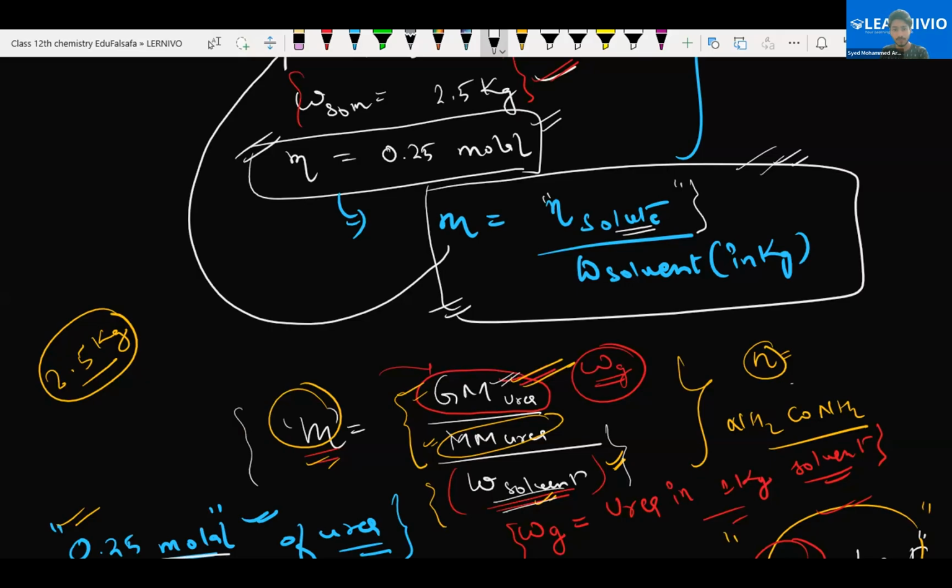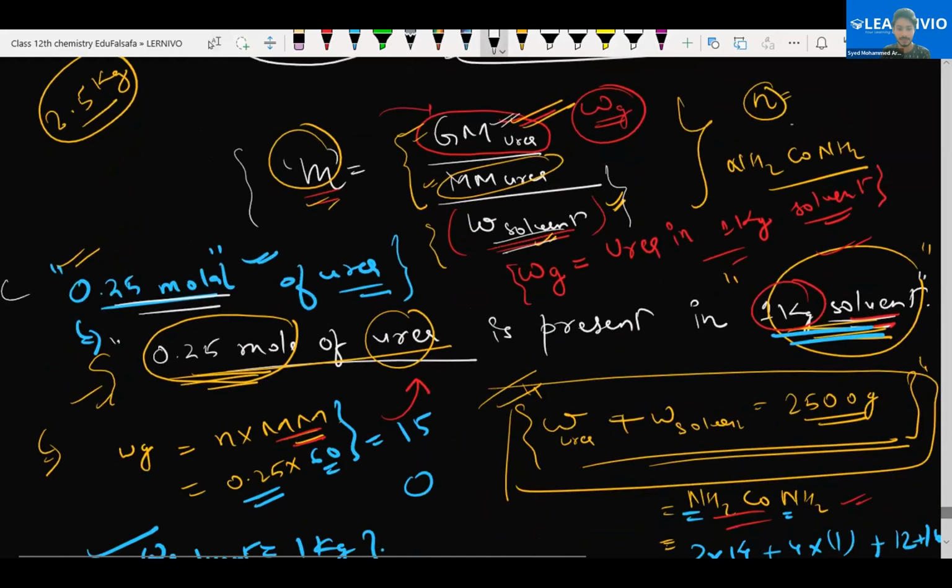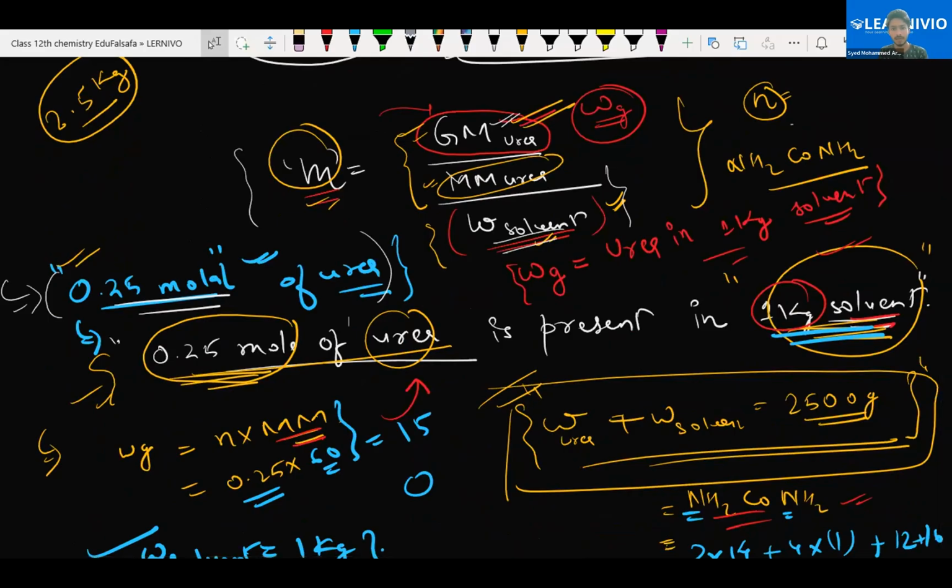There is another process: I can get the weight of the solvent by using another thing. For example, I just expand this single term which is given in the question. How do I expand this? I know that if I have a bottle of urea, and on that bottle it is written that 0.25 molar urea is given to me. So what is the meaning of 0.25 mole?